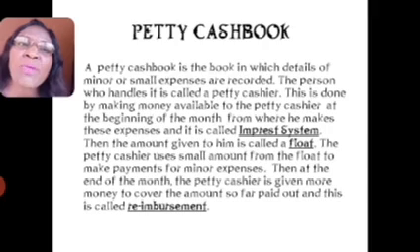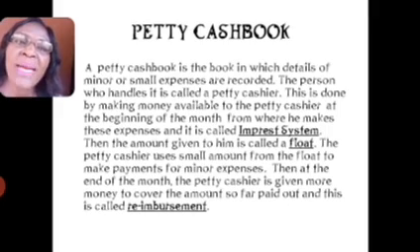Then the amount given to the petty cashier is called float. And the petty cashier uses small amounts from the float to make payments for minor expenses. Then at the end of the month, he will balance his account, and then the money he spent will be given back to him to make up to the initial capital. And this system, we call it reimbursement.